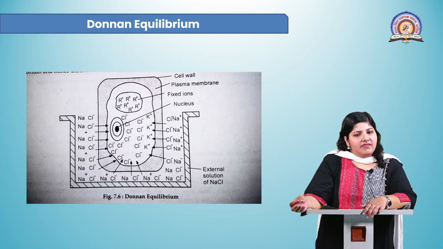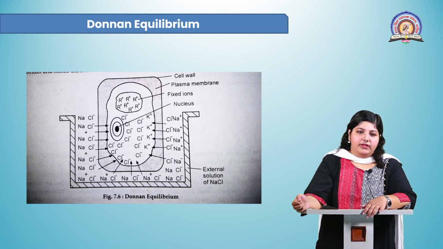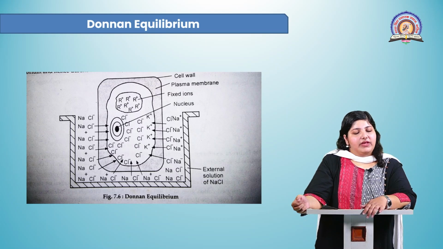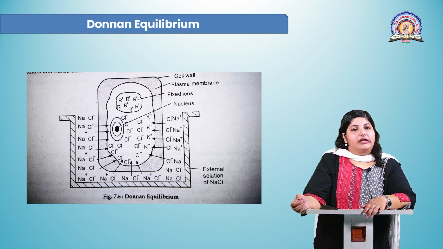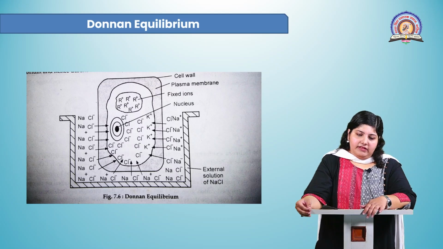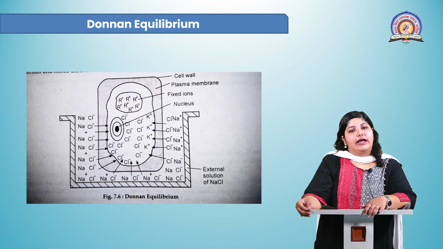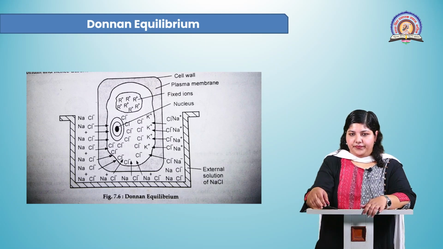This accumulation of extra ions is the Donnan equilibrium. This theory is also a type of passive absorption. It explains that there is accumulation of extra ions in the cell because of the fixed or indiffusible ions present in the cell.